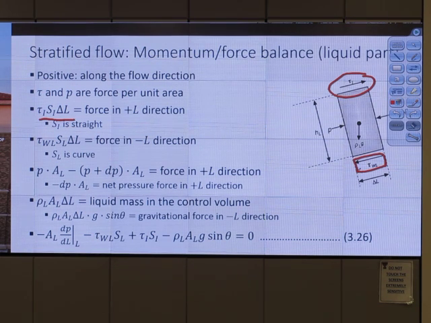For liquid part, it will be SL delta L, tau WL. That is a force, shear force, right? What about pressure? What kind of area? Cross-section area occupied by liquid, if we do force balance for liquid. If we do force balance for gas, there will be cross-section area for gas.